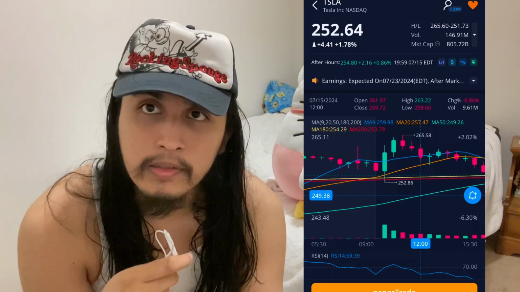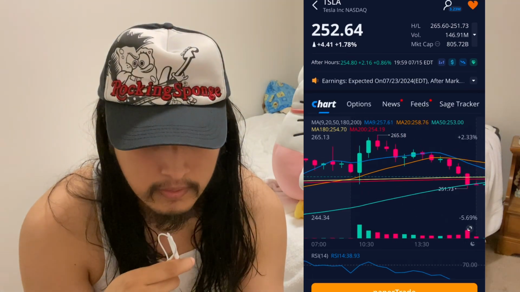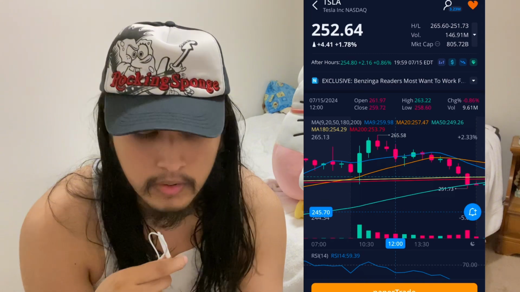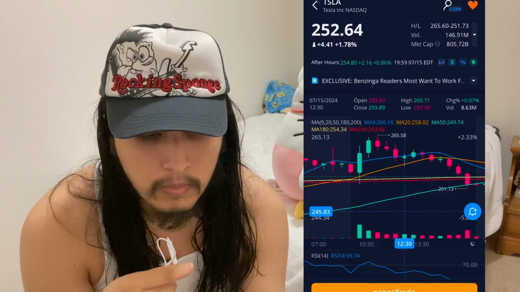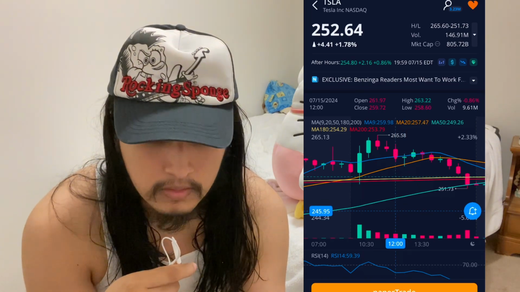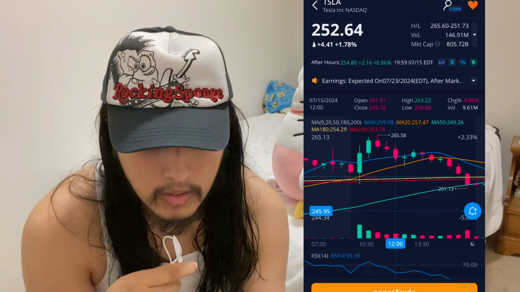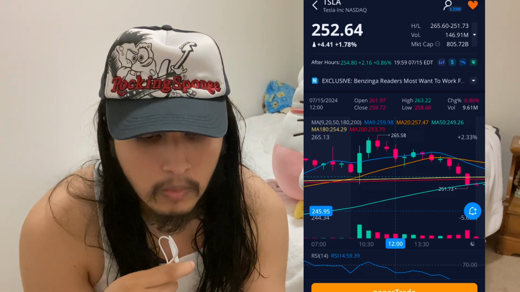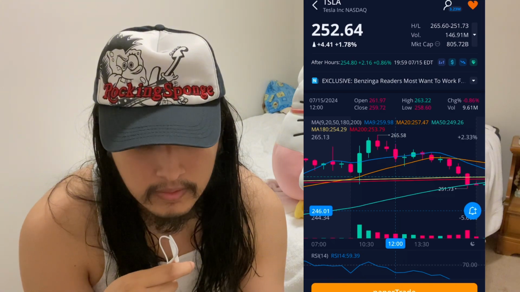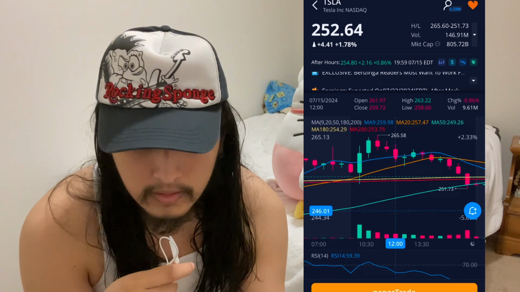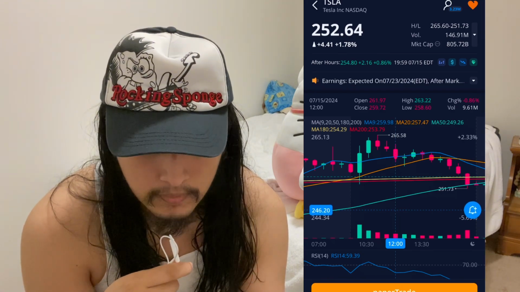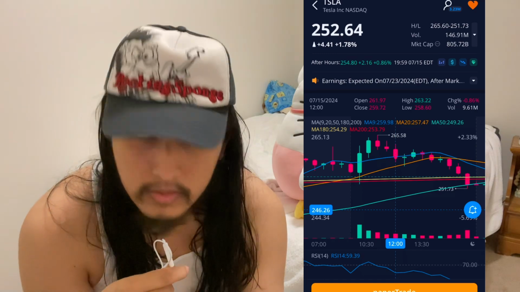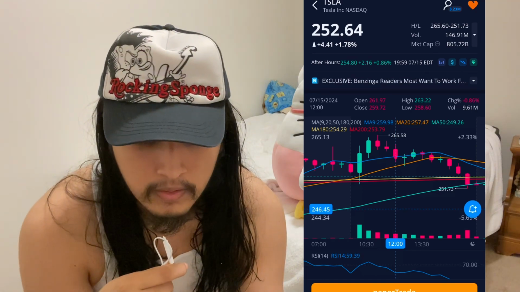And the reason I got into Tesla calls was because I saw this pattern, how it appears on the chart, right? And so when I saw that Tesla had touched the 9-day moving average, I bought a singular call option there. And then once I saw that Tesla, the next candle, right, had touched the 20-day moving average, I bought another singular call option there.